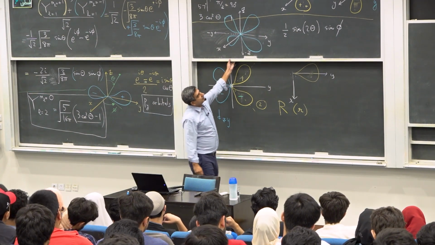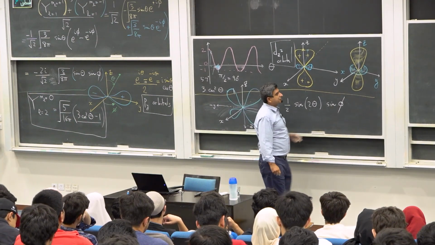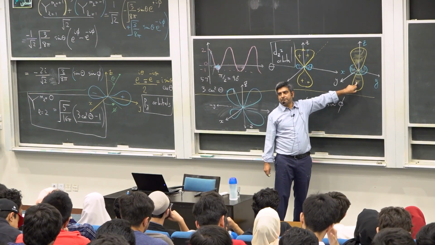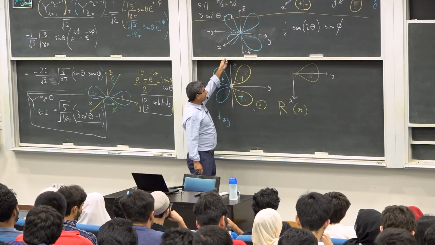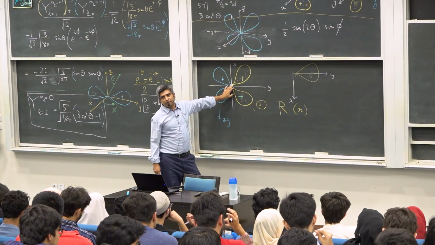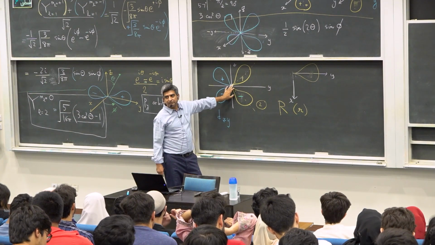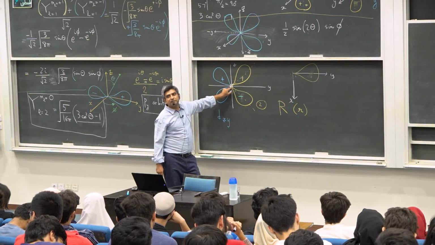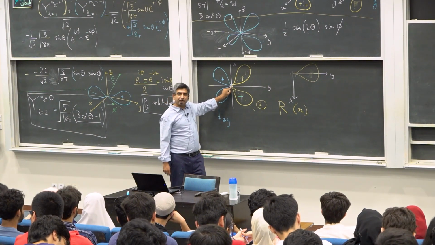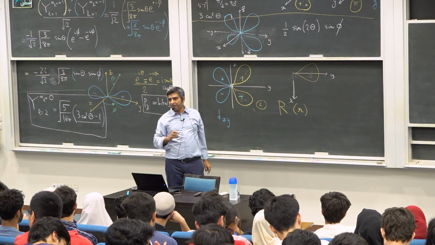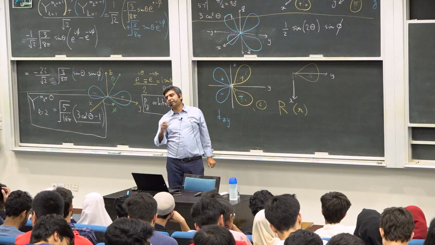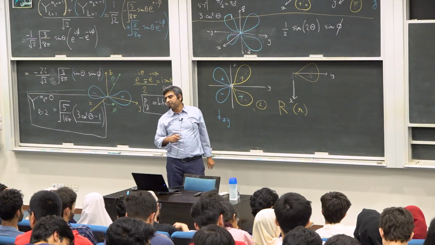This orbital is symmetric about the z-axis. This orbital here is not symmetric about the z-axis. It's symmetric about the x-axis. So different orbitals have different symmetries, and that determines the angular momentum of the electron when it is inside this orbital.